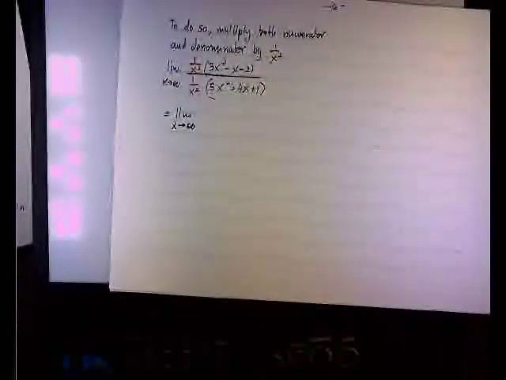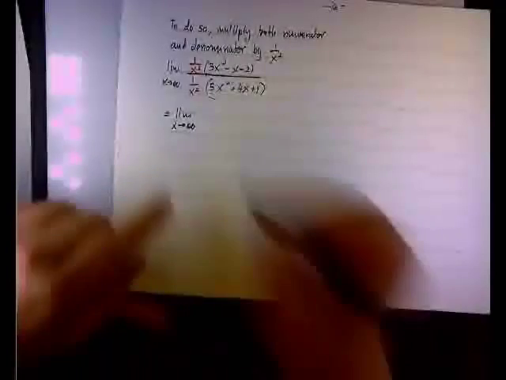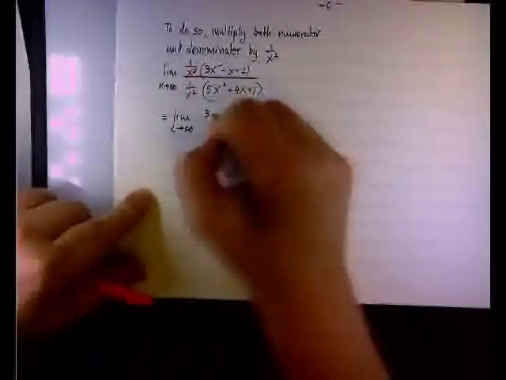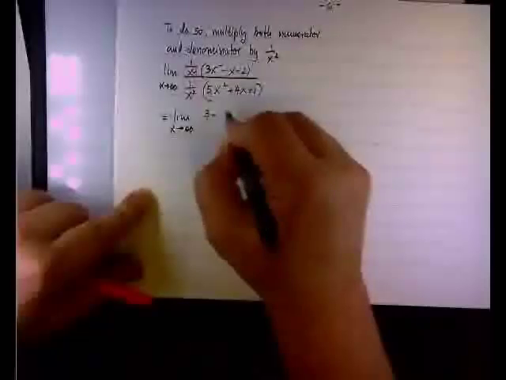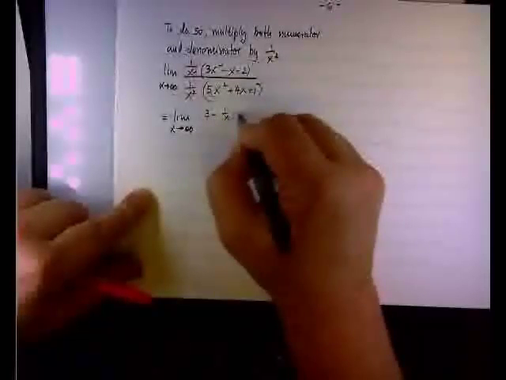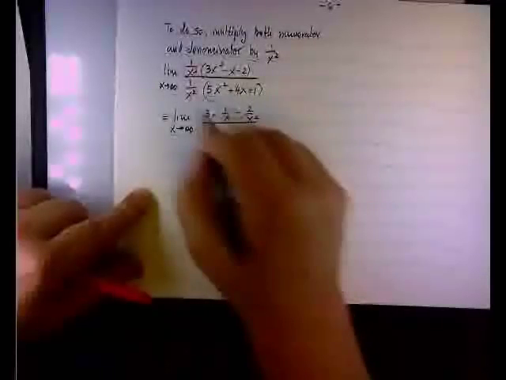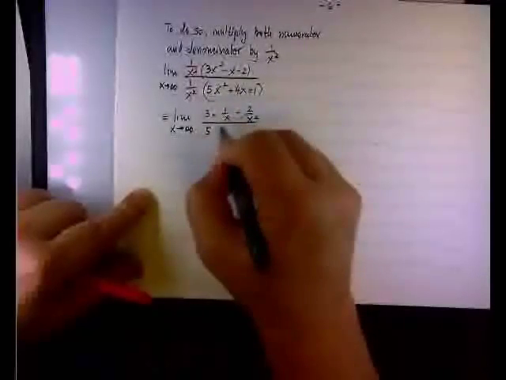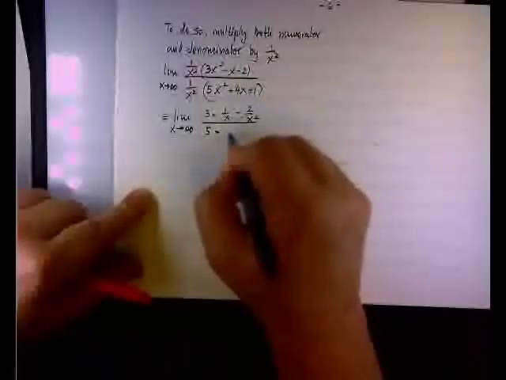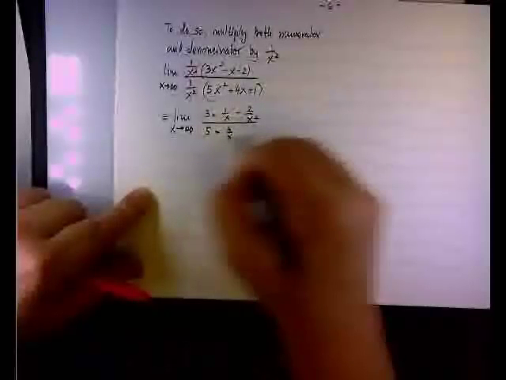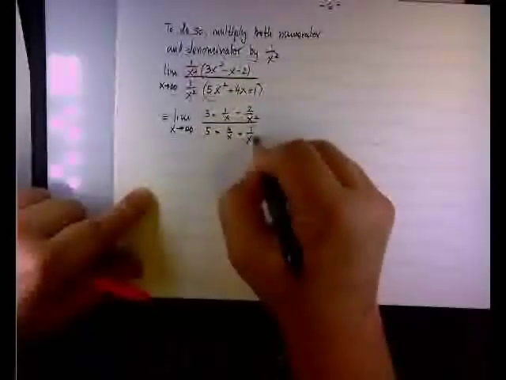So we have 3 on top, minus x divided by x squared, which is 1 over x, and then minus 2 over x squared, divided by 5 plus 4 over x plus 1 over x squared.